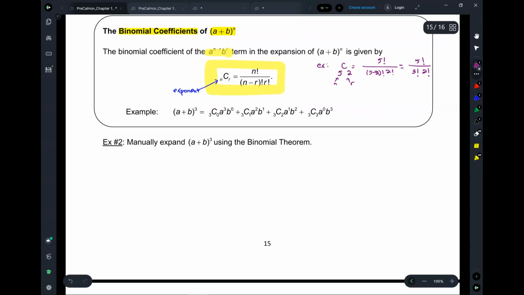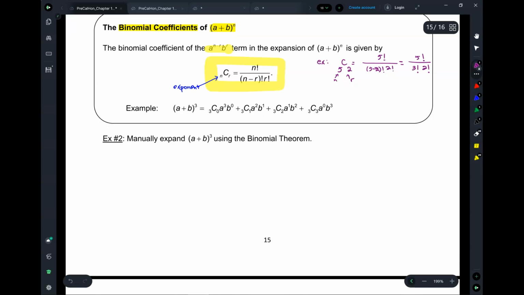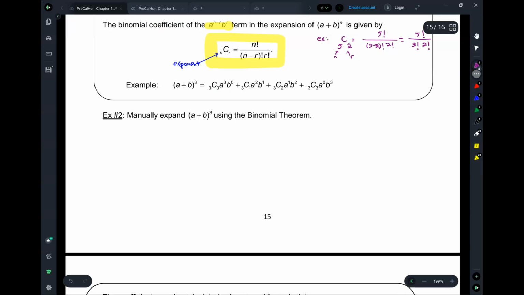All right, so that's another way to come up with these coefficients. Each one is C(3, 0), C(3, 1), C(3, 2), C(3, 3). So we're going to do that manually. Here we go.